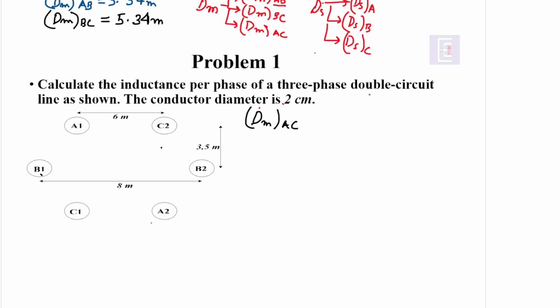First we have A1C1, which is equal to 6 meter. Second we have A1C2, which is equal to 7 meter.